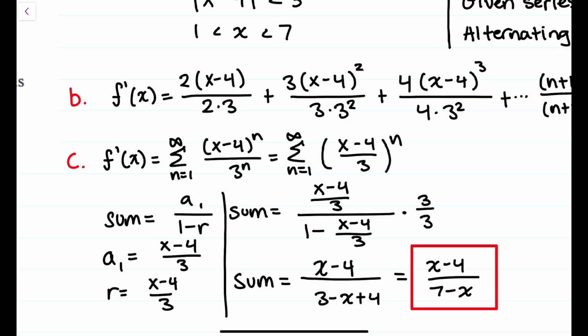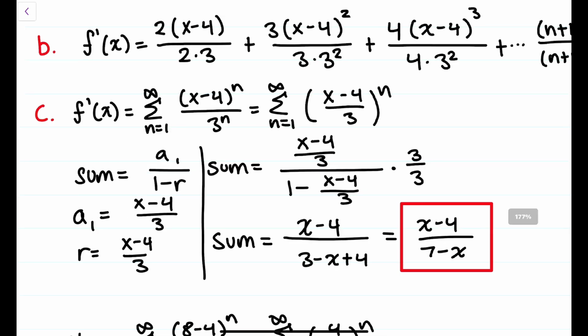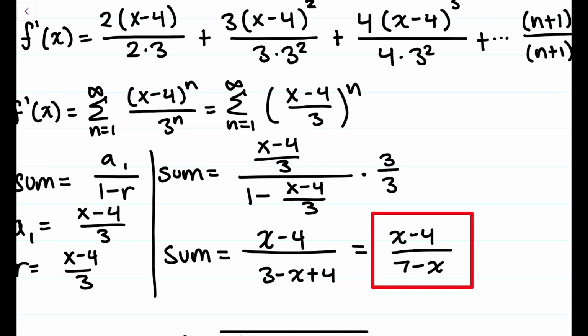The first term is (x minus 4)/3 since it starts at n equals 1, not n equals 0. And then the r value is (x minus 4)/3. And then we plug that into the formula. I multiplied 3 by the top and bottom, and it simplifies to x minus 4 over 3 minus x plus 4. It's plus 4 because the negative is distributed, and then that simplifies to x minus 4 over 7 minus x.